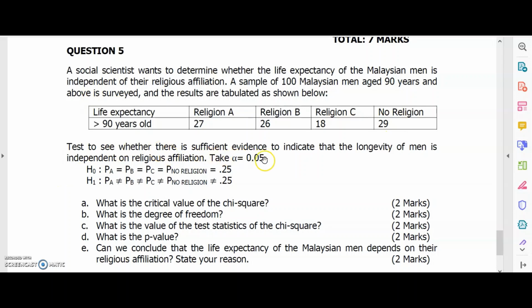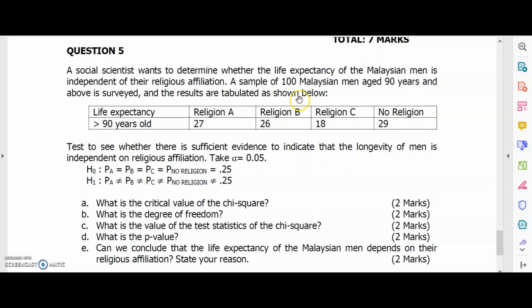And test to see whether there is sufficient evidence to indicate that the longevity of man is independent of religious affiliation. Take significance level equal to 5%. Testing to see whether there is sufficient evidence to indicate that the longevity of man is independent of religious affiliation or not means that we are required to identify whether the population proportion for religion A, B, C, and D are identical or not.